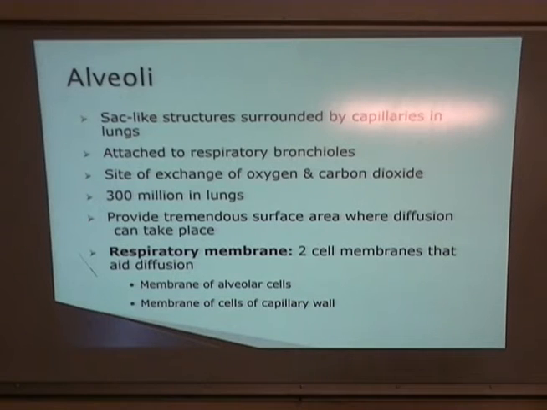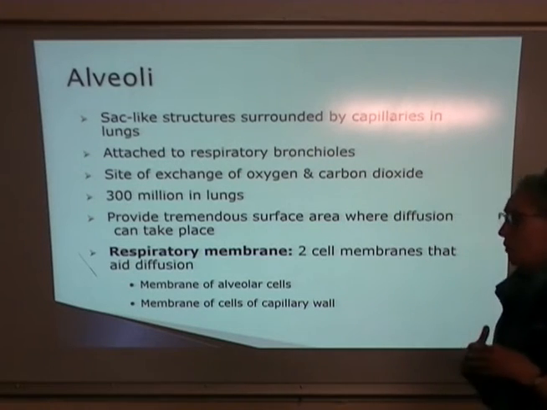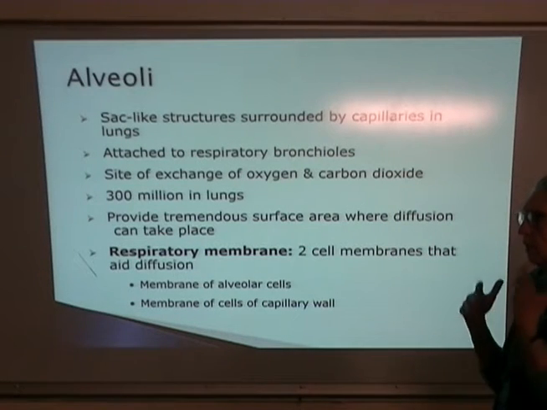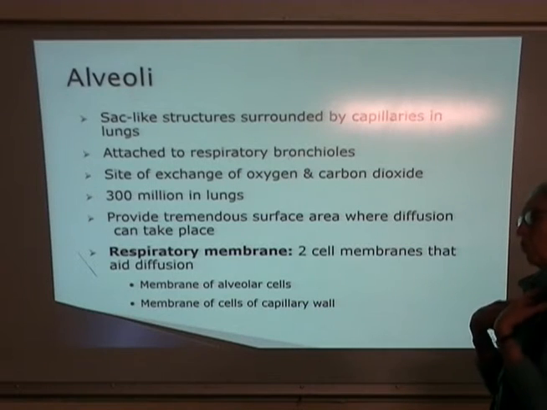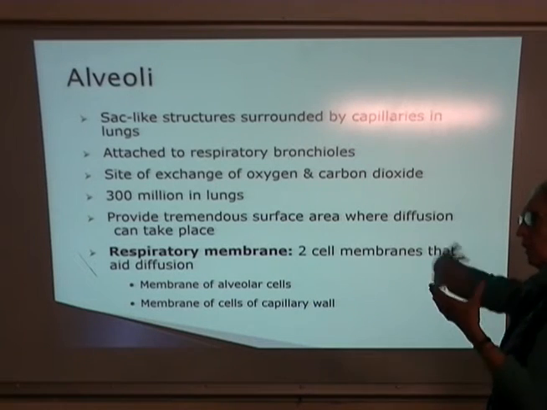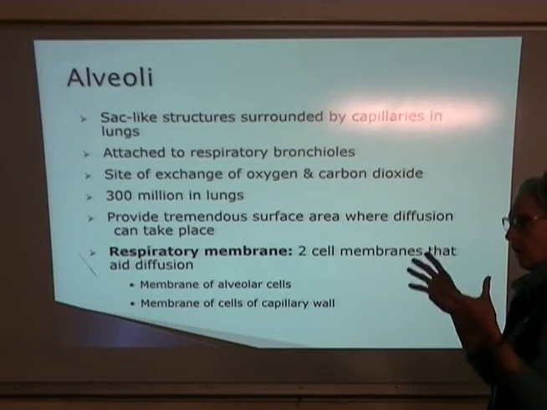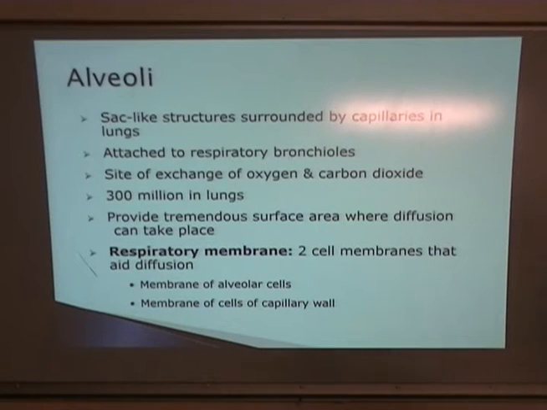Almost all of the exchange of oxygen and carbon dioxide occurs via the surface of the alveoli. Nitrogen, we know we have nitrogen in the air, but humans don't use it, so we can ignore nitrogen as part of the atmosphere for our purposes, right?